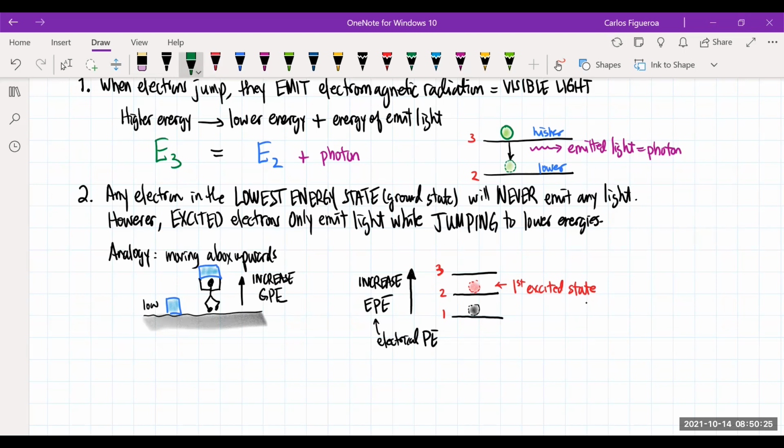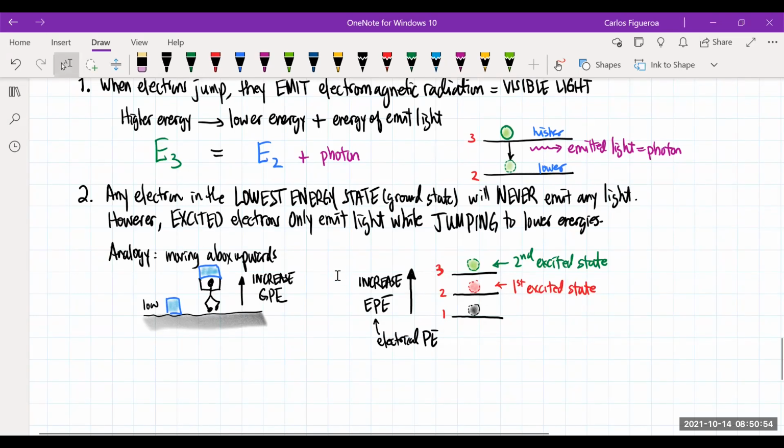But if I was to move an electron all the way up to here, I would continue to increase electrical potential energy, and that's what we call the second excited state. So there's multiple ways of doing that. The same with the box. If I raise it a little bit, I could call that an excited state because it's a higher energy one.